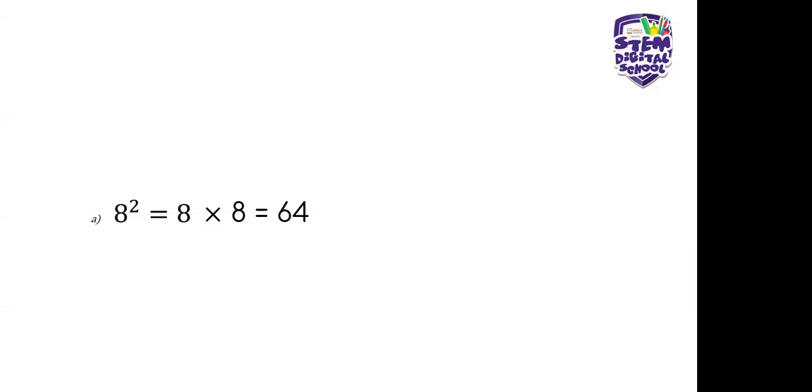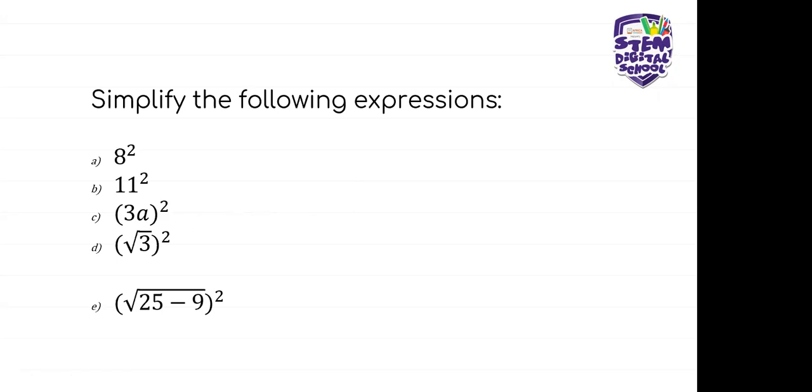So without any waste of time, can we zoom now into the next one, which is B. In B, you can see we have got 11 squared, and that is also a square number. Can we do the B there, which is also a square number, right?